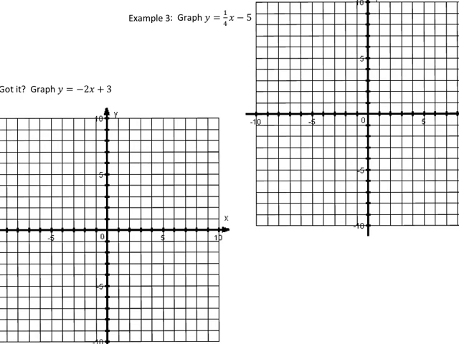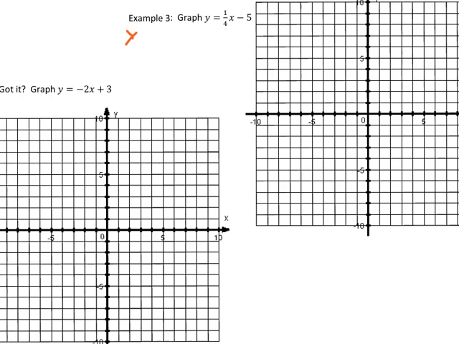So first of all, remember that the slope is the coefficient in front of the x, and the y-intercept is the number that we're adding. Notice we're subtracting here, so I need to change subtraction. It's keep, add, opposite. So I'm going to rewrite that as plus -5. So that's what I'm going to start with.